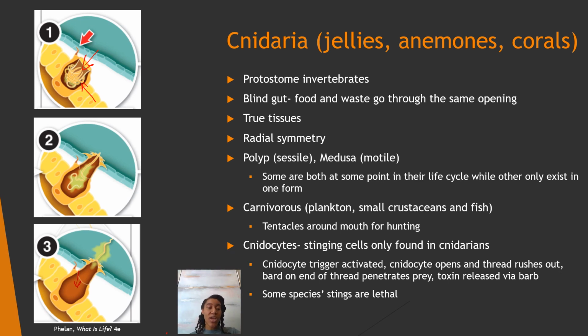The barb will rush out, and that's what that's showing you here. And it will inject itself into the prey. So this blue is actually the prey's skin. And once the barb is in the prey, it will sometimes inject toxins, and that will cause the animal to go limp or to straight up die. And so that's how these jellies and anemones and corals can work to catch their prey.